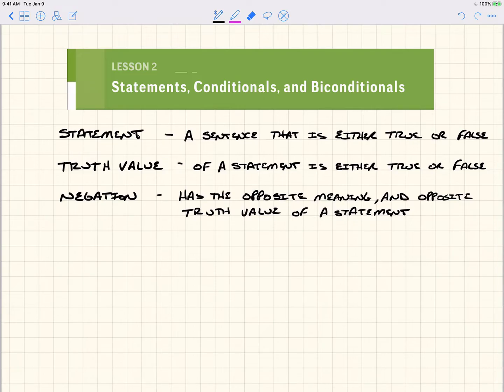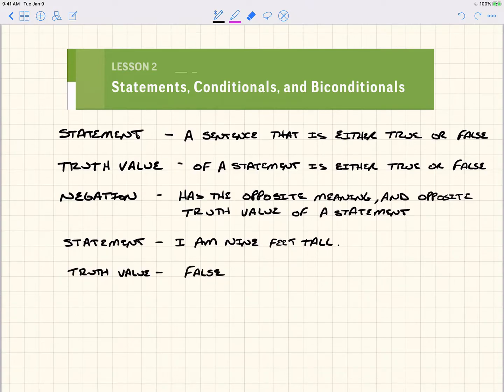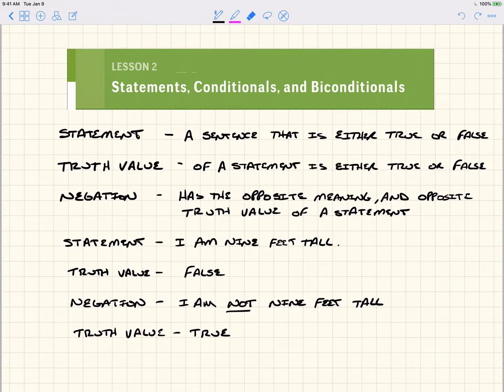So for example, let's say that I make a statement that I am 9 feet tall. Now, you have all seen me. You know that I am not 9 feet tall. So that statement has a truth value of false. The negation of that statement would be something like, I am not 9 feet tall, and the truth value of that negation is true.